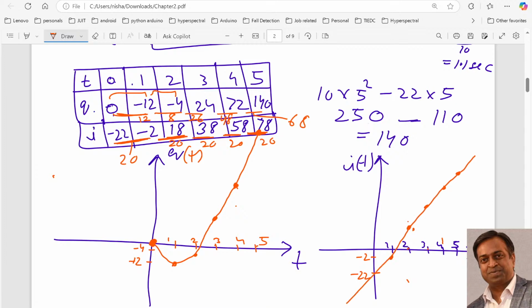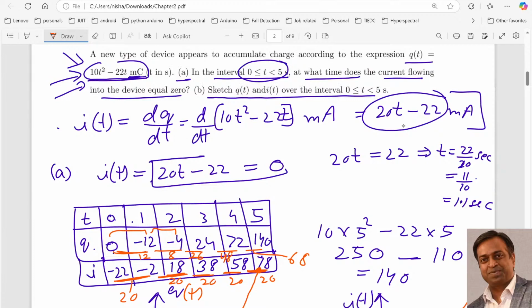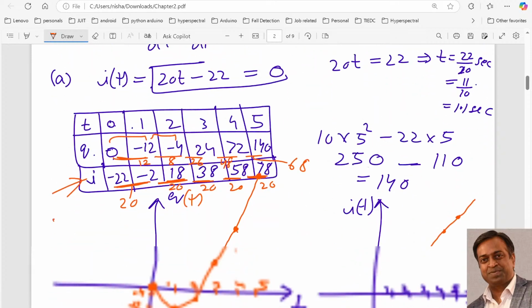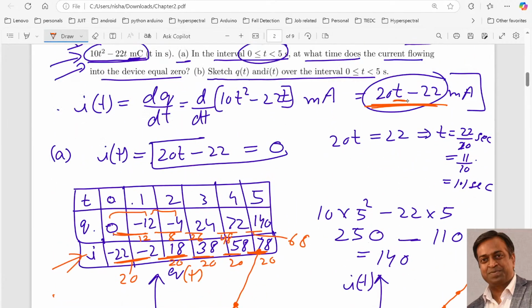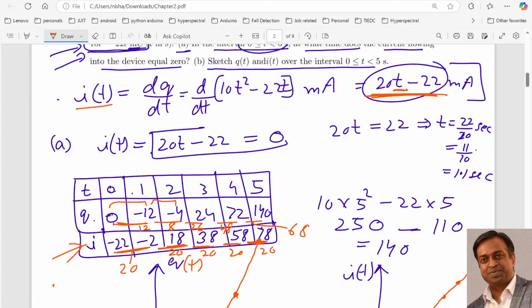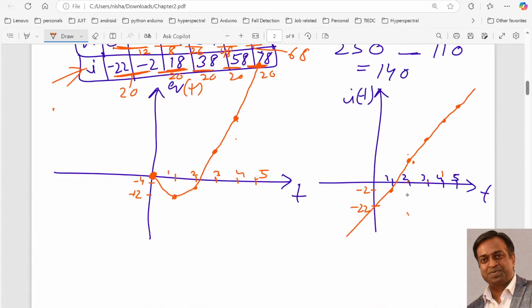We can also determine this because this equation is just a linear equation. In fact, instead of drawing this, we can simply get 2 points, one at t equals 0 and the second at i equals 0, and from those 2 points we can easily get this straight line. So in this way we can draw these two curves.